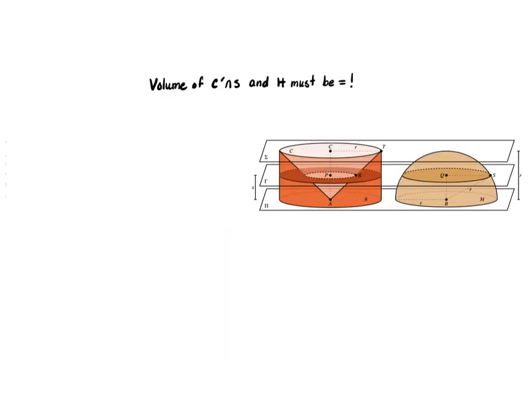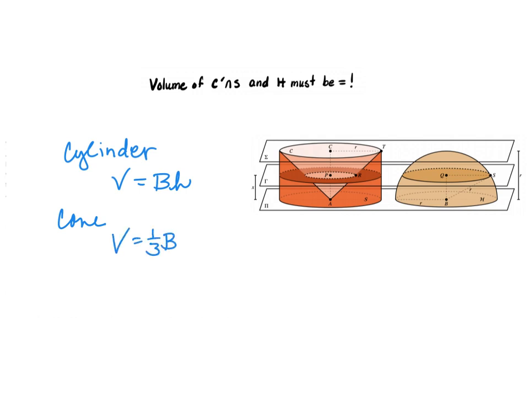So now let's look at these volumes. We know the volume of the cylinder. The volume of my cylinder is the area of the base times the height. I know the volume of my cone is 1/3 the area of the base times my height.